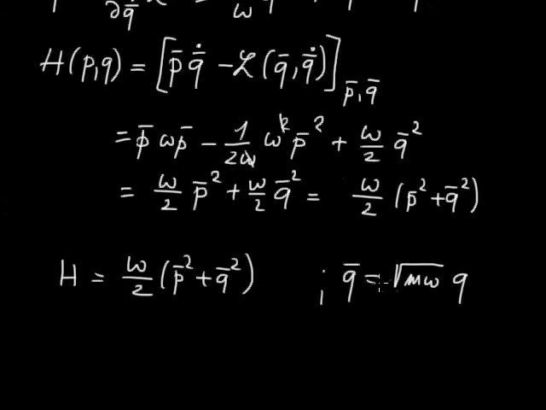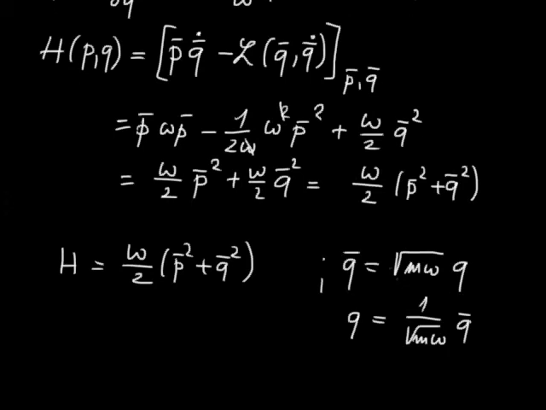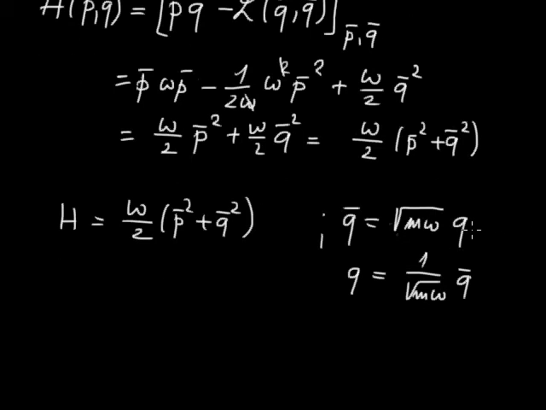So this is how I got it, or for that matter, if I want to go back to the original coordinates, these are the relations. Here I have ensured that if I take this Hamiltonian and do the quantization in this system, this is still the classical Hamiltonian, that I get the proper description, because the P bar is the properly conjugated momentum to the Q.